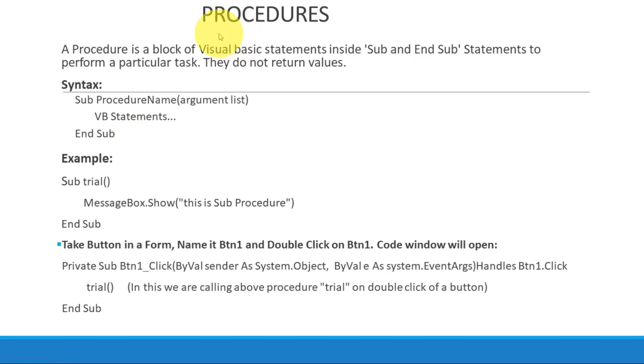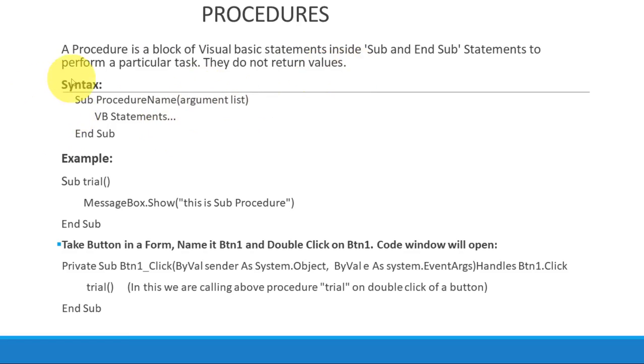Now let's discuss what a procedure is. A procedure is a block of Visual Basic statements inside Sub and End Sub statements, to perform a particular task. They do not return values, but they accept parameters through the argument list.